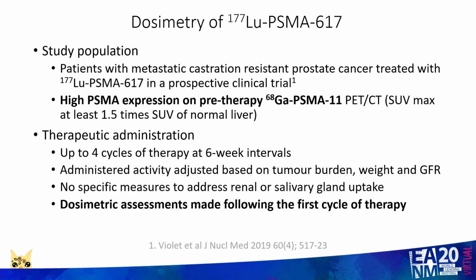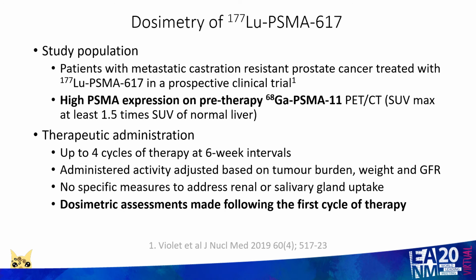So the study population for our dosimetry work was 30 patients being treated within a prospective clinical trial. All patients, in order to get onto the study, had to show high PSMA expression on pre-therapeutic gallium PSMA PET scan and received up to 4 cycles of therapy with a dose adjusted based upon tumour burden, weight and GFR.